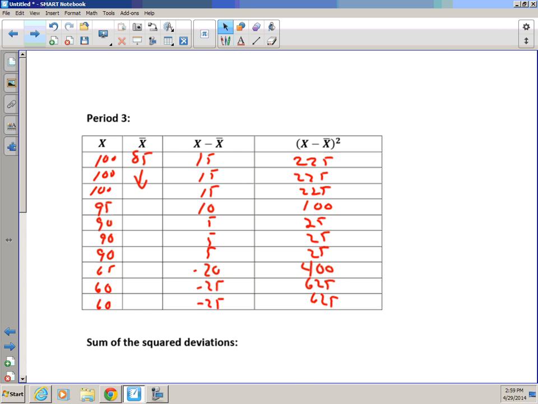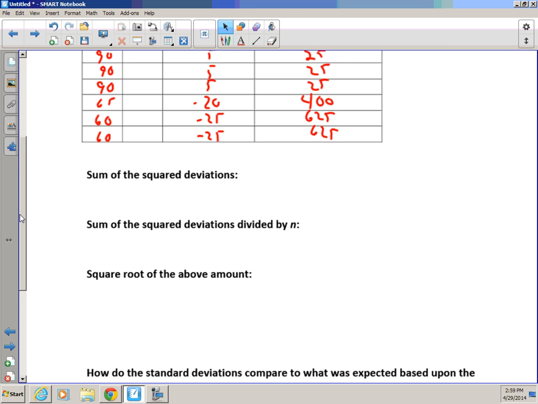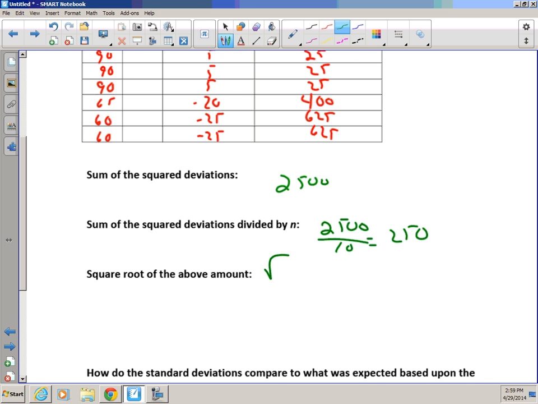Okay, I sum all of this up. I get 2,500. I divide that by 10, get 250, and I take the square root and get 15.81. So how does the standard deviation compare for each of these?